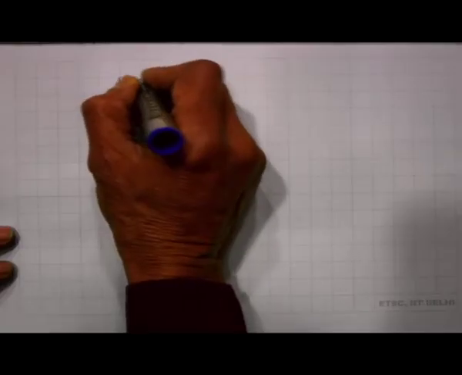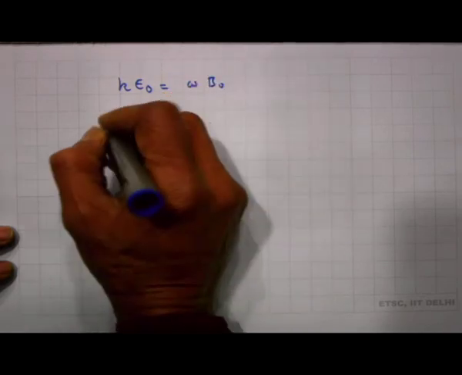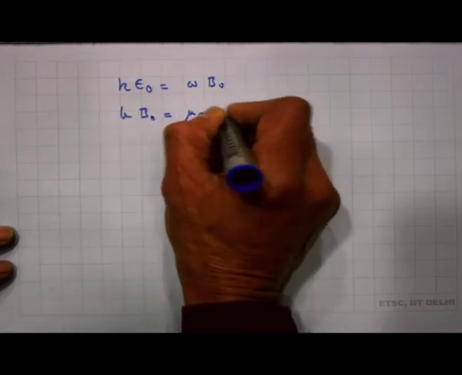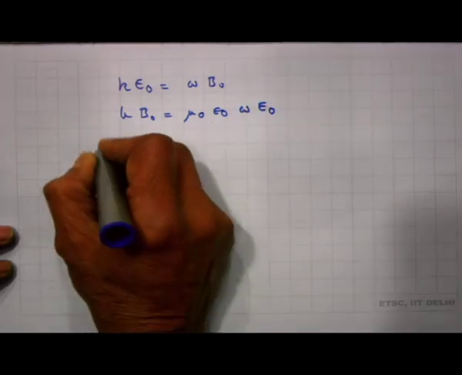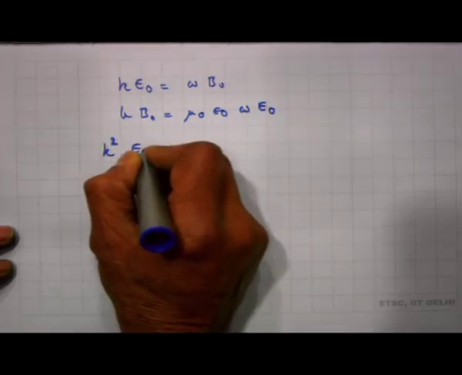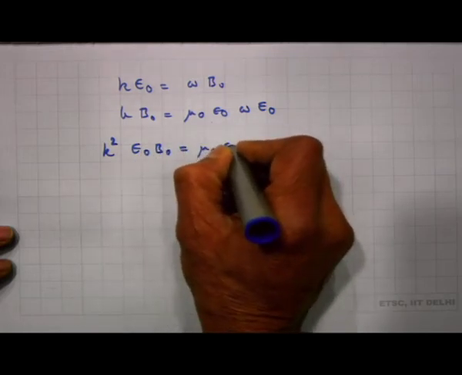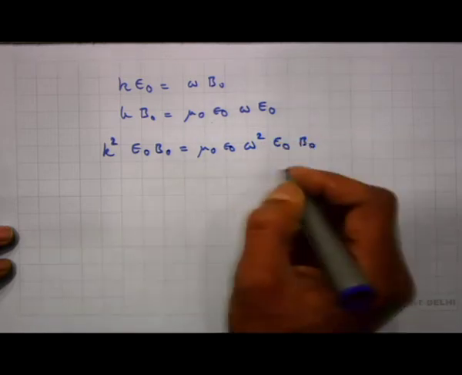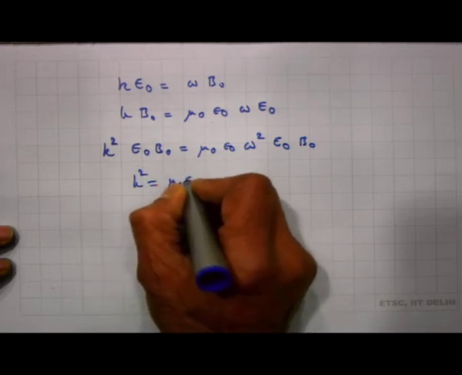I have two equations now: k times E naught is equal to omega times B naught, and k times B naught is equal to mu naught epsilon naught omega E naught. Let me multiply both these equations. I get k square E naught B naught is equal to mu naught epsilon naught omega square E naught B naught. If I cancel E naught B naught, I get k square is equal to mu naught epsilon naught omega square.